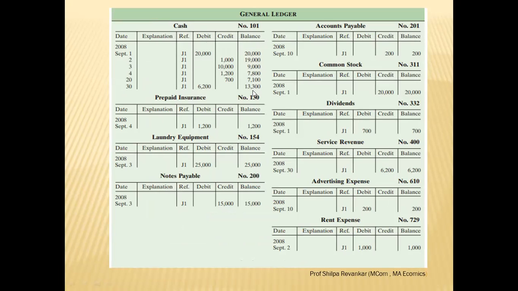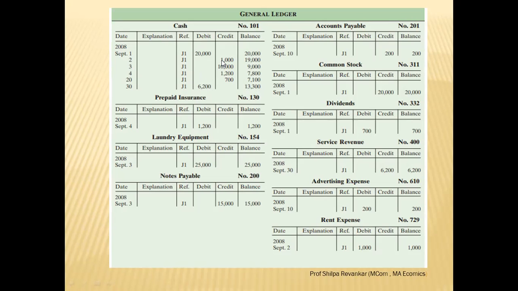Then at the end of the month, you have to total it and find out the balance. Say, for example, the cash balance. How many credits are there? 1 plus 10 plus 1200 plus 700. Sorry, debit is 20 plus 6, so 26,200.